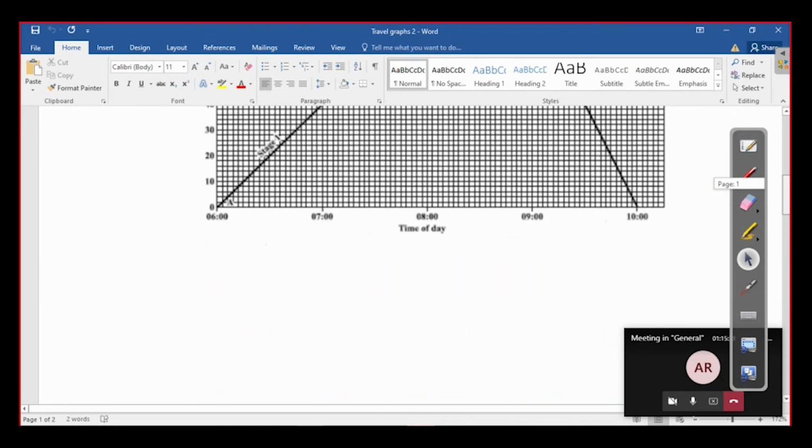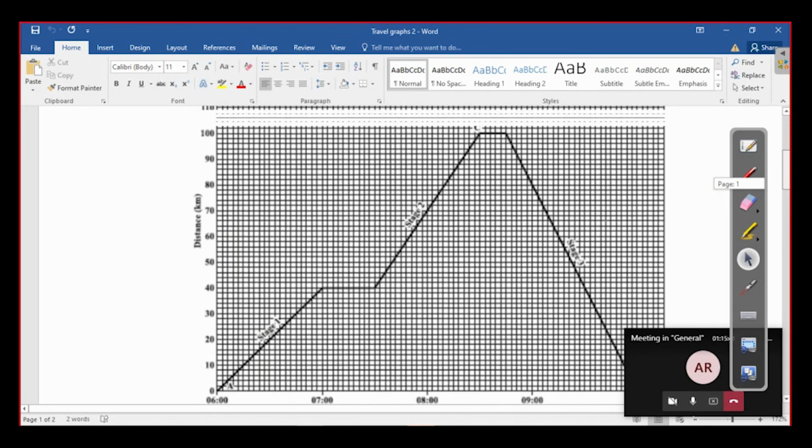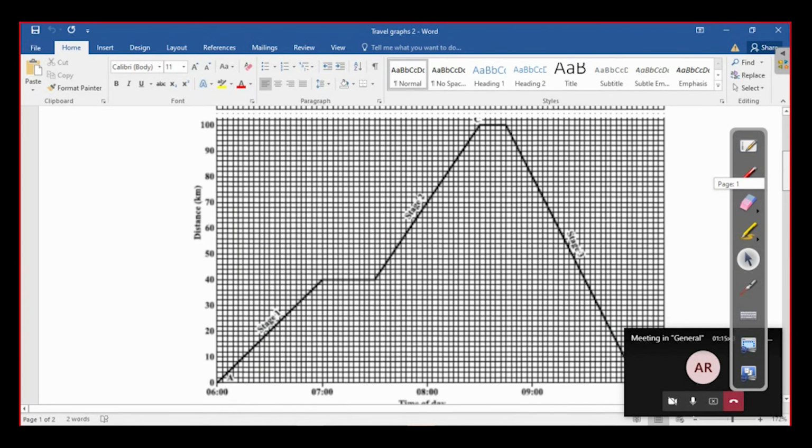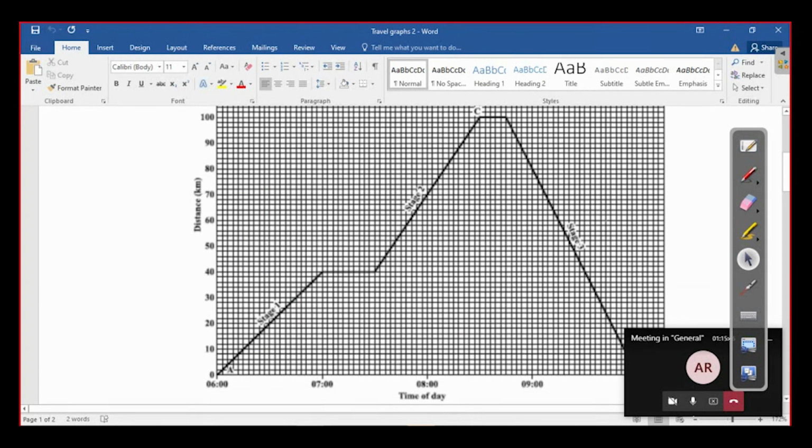So on this journey we're traveling from one town to another. Alright, and here we have the journey beginning at 6 a.m. at town E, right? So this A here is representing that we're starting at town E. Then if we move up along the graph, at the top of stage 2 you'll see C. So this is indicating to us where town C is.